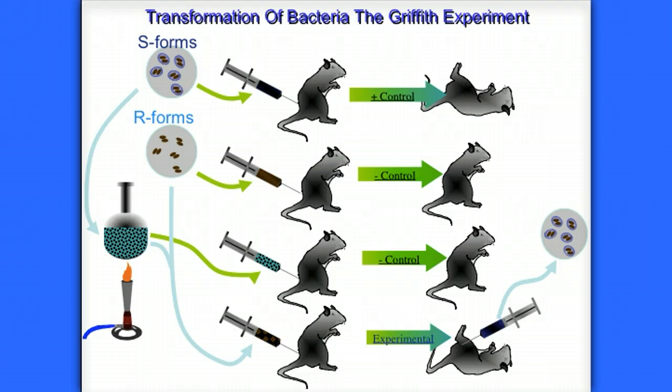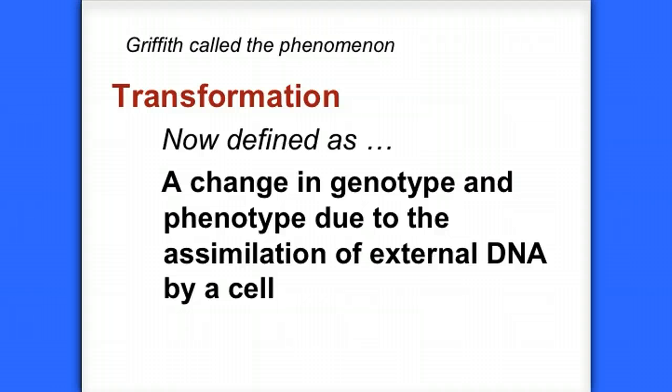Wow, that was a very brilliant experiment to prove that it is the DNA which passes on from one species or one bacteria to another, and they are the genetic carriers, or inheritance carriers. And that was it: transformation.